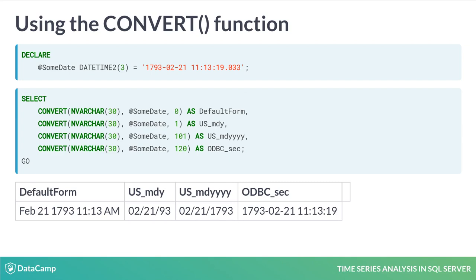Using styles 1 or 101, we can print dates in United States common format. The difference is that with 1 we get a 2-digit year and 101 prints a 4-digit year. Another example is to use style 120, which prints in ODBC standard format to the second, ignoring milliseconds and microseconds.